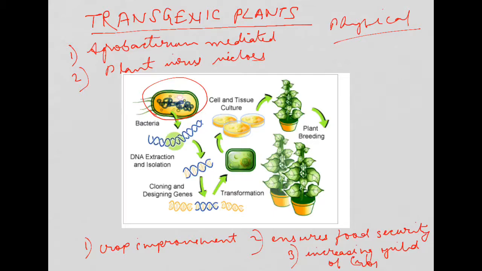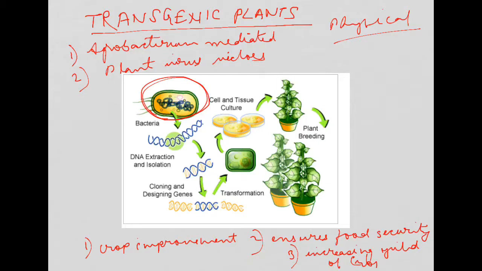Basically how it is done: the general overview is that the bacterium Agrobacterium tumefaciens is able to transfer its plasmid, known as the Ti plasmid, inside the host plant cell, which ultimately results in tumor formation known as crown gall disease. We apply this capacity of the bacterium to transfer our gene of interest inside the cell.